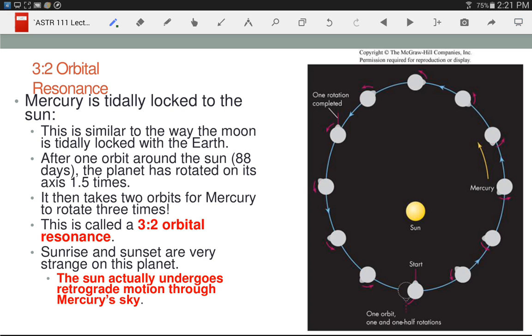And early on, you have that nose turning. If you pay attention here, this was pointing directly at the sun. Now it's pointing a little behind the sun. If you were on Mercury, going from here to here, there's an 8-day period where you would see the sun have retrograde motion.